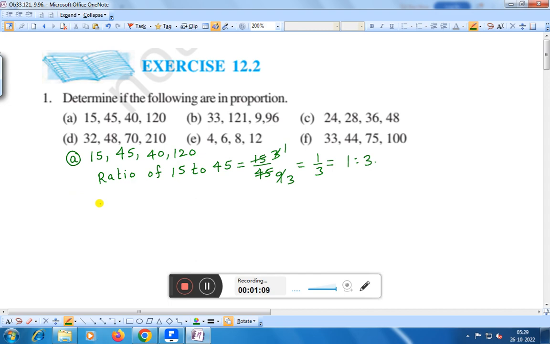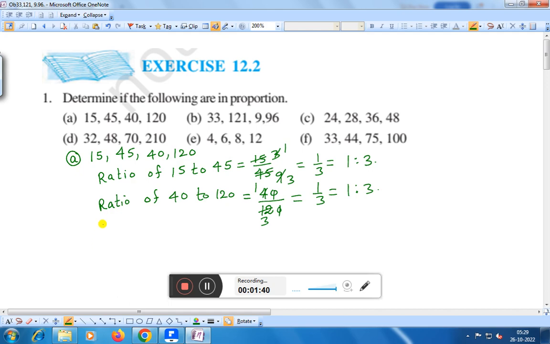Now ratio of 40 to 120 is equal to 40 by 120. This 0 will cut, 4 ones are 4, 4 threes are 12, that comes to 1 by 3, which is equal to 1 is to 3, right?